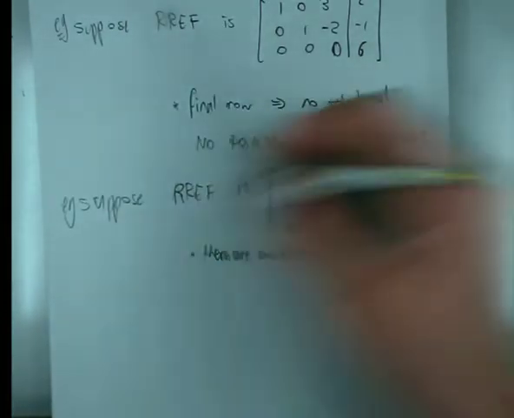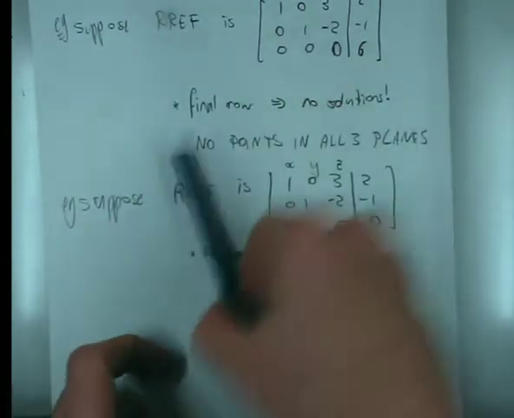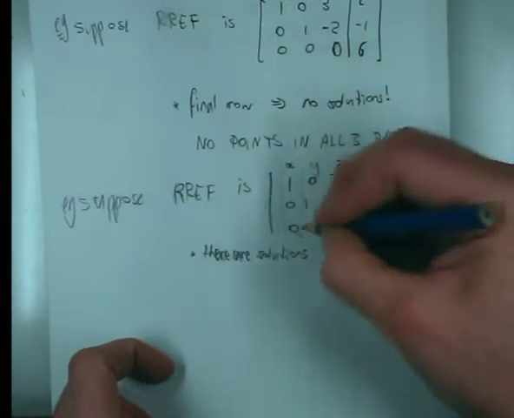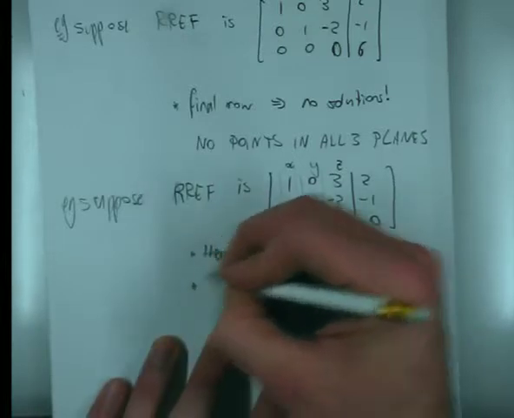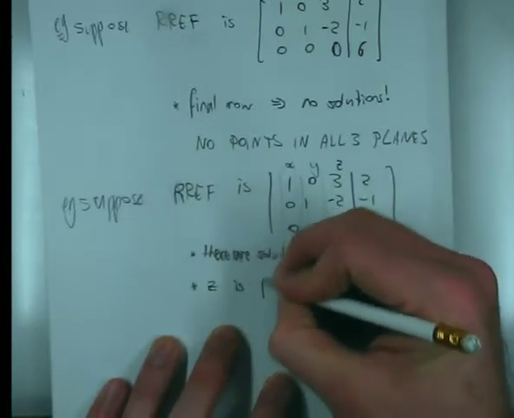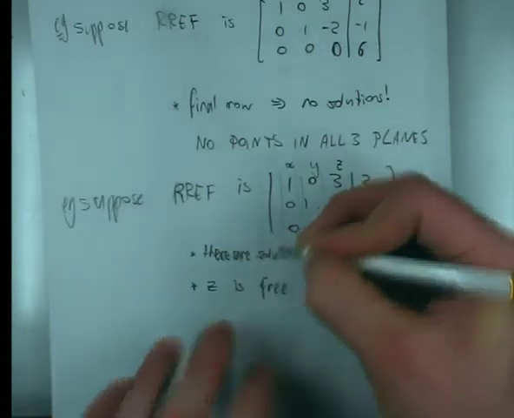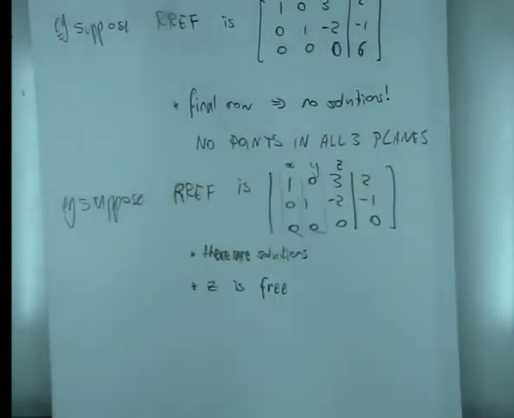Okay? And then you can look for your pivots. So I have a pivot here, the pivot column there, and a pivot column there. My third column doesn't have a pivot, doesn't have one of those ones that would belong to an identity, and so therefore it's free. My third variable is free because it doesn't have a pivot.